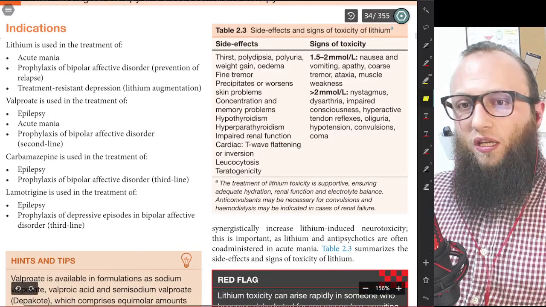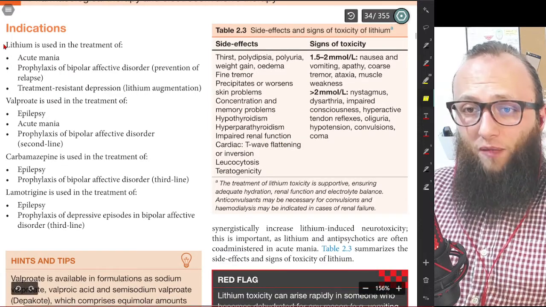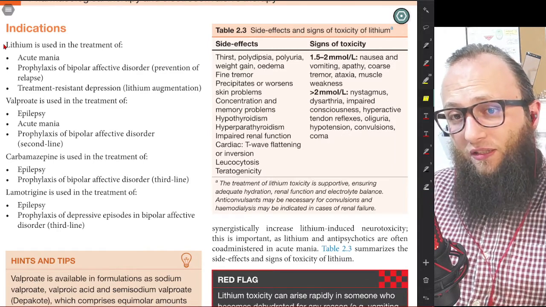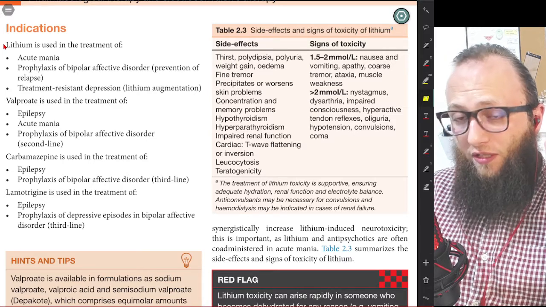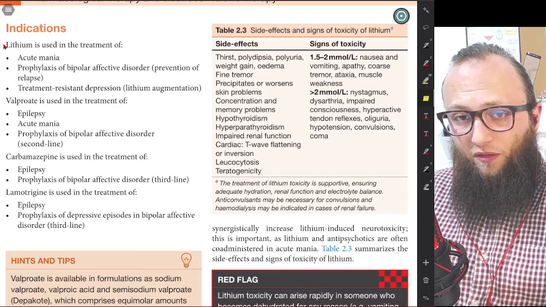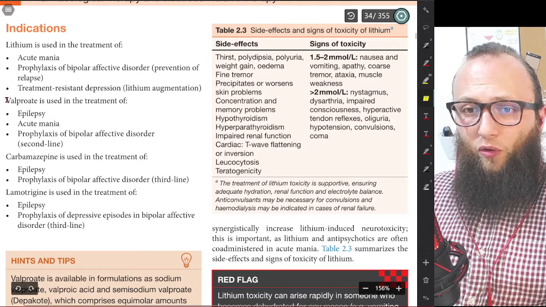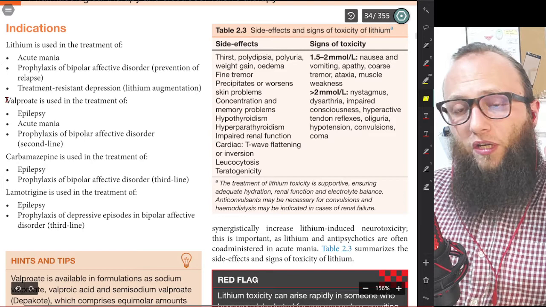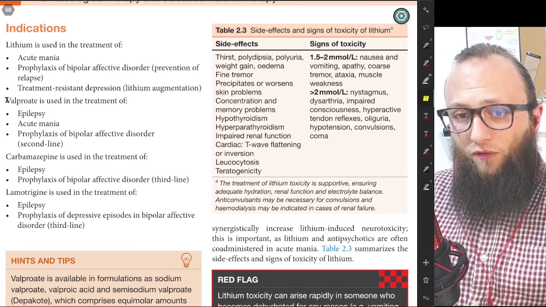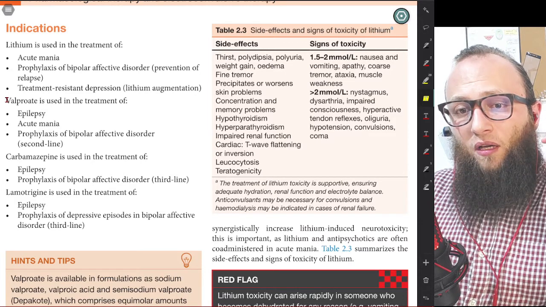Lithium is used in treatment of acute mania, prophylaxis of bipolar affective disorder, prevention of relapse, and treatment of resistant depression. Treatment-resistant depression, we use lithium as an augmentation. What about valproate? Valproate is used in treatment of epilepsy, acute mania, and prophylaxis of bipolar affective disorder as second line, and that's it.